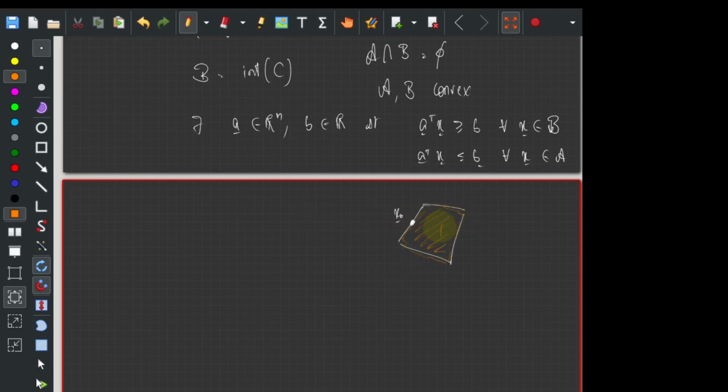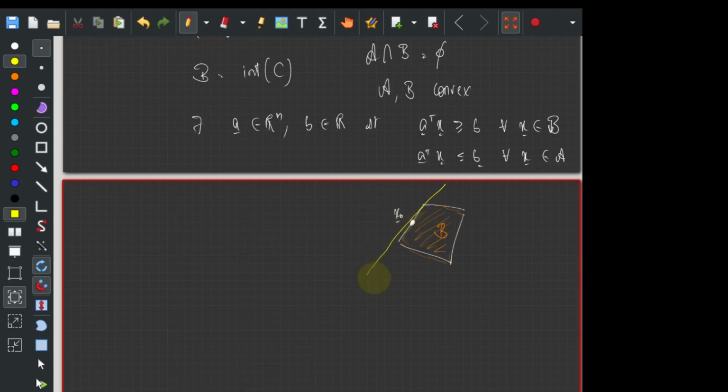And that was my set B. Now, the separating hyperplane theorem guarantees that it's possible to construct some hyperplane such that B is fully on one side of that particular hyperplane. So in other words, I can draw a line such that B lies fully on one side of that particular line, and the point x0 lies on the other side of that particular line.